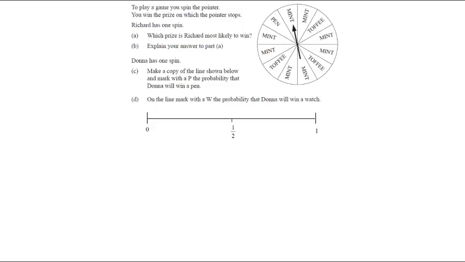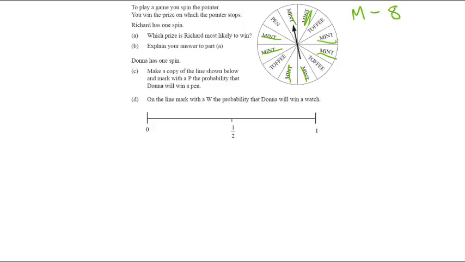You are going to try and play this spin the pointer game. You win the prize on which the pointer stops. Richard has 1 spin. Which prize is Richard most likely going to win? So let's start out by seeing what our options are. Okay, mint. I've got 1, 2, 3, 4, 5, 6, 7, 8.